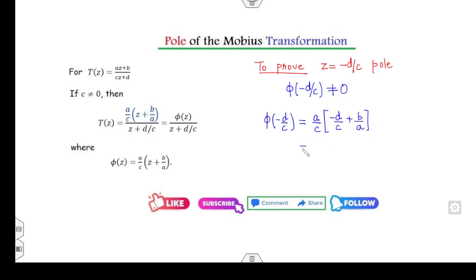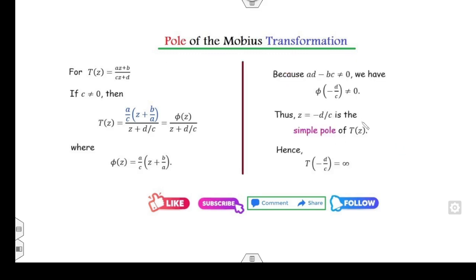Now you can take the LCM. It's 1/c squared times (bc - ad). Now clearly, because the given transformation is a Mobius transformation, ad - bc is non-zero and c is non-zero, so this number is non-zero. Therefore z = -d/c is a simple pole. Hence T(z) is infinity.